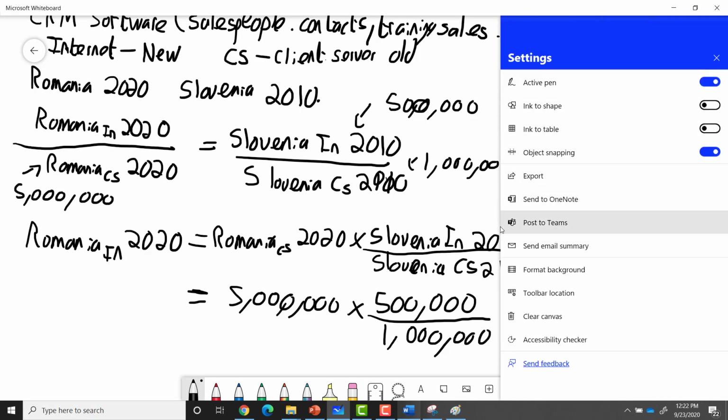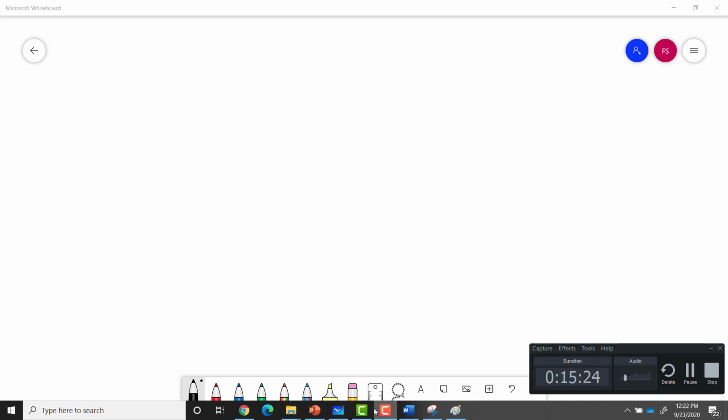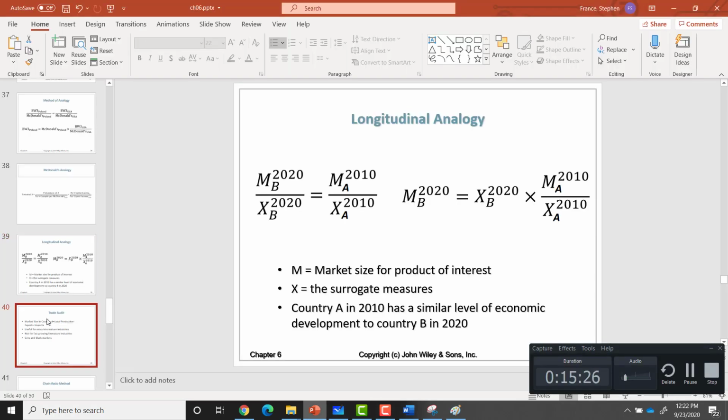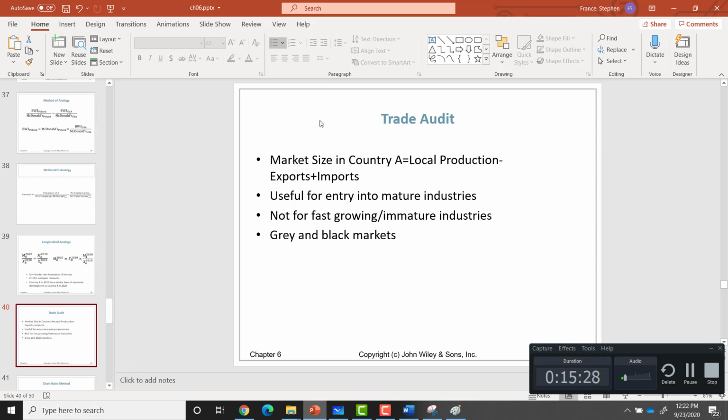Okay, so the next thing we're going to do is what we call a trade audit. A trade audit is literally where we're trying to determine the market size using freely available information.